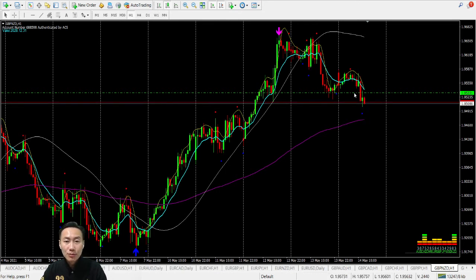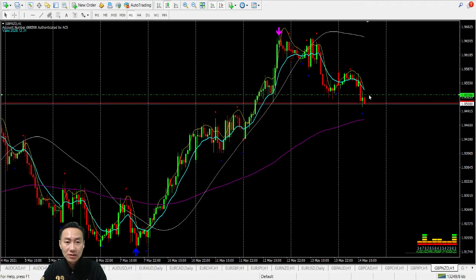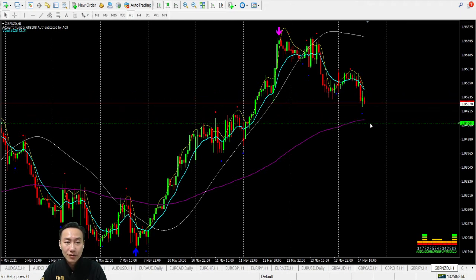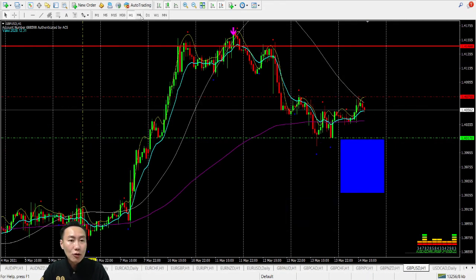Since it breaks, I will continue to draw down my support to another level. This shall be the level. I still have about 40 pips to go short selling. So pound kiwi, I will be saying that it should be selling. How about pound dollar?